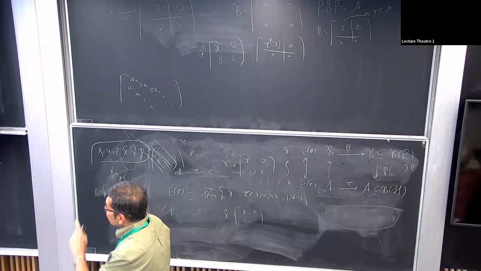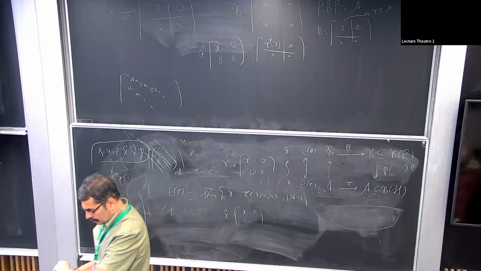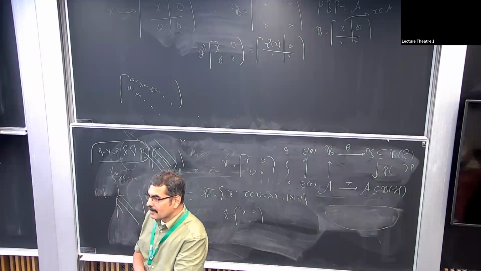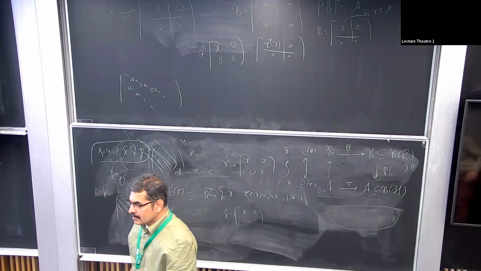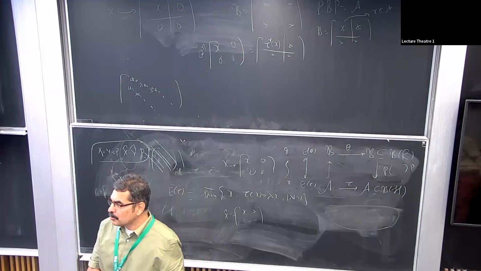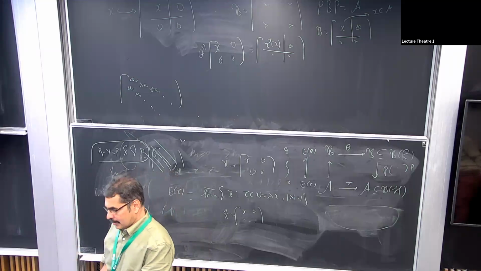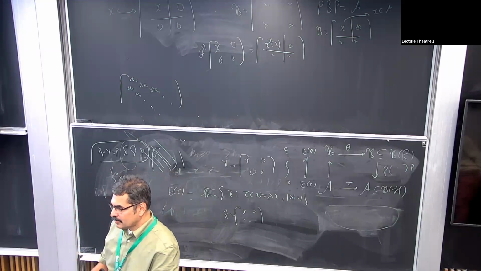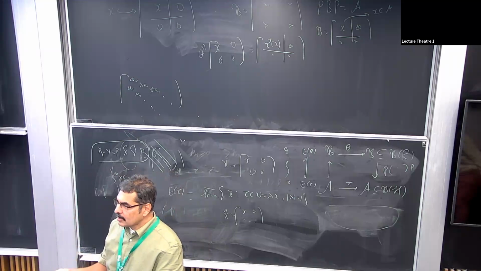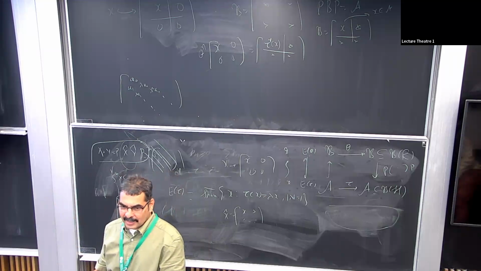So we can also ask, now I go back to D cross D matrices, when is the new product the same as the old product? Because we said we have to define a new product, but there are cases when the new product is the same as the old product.